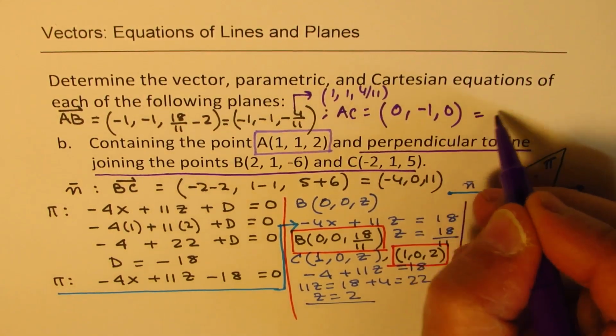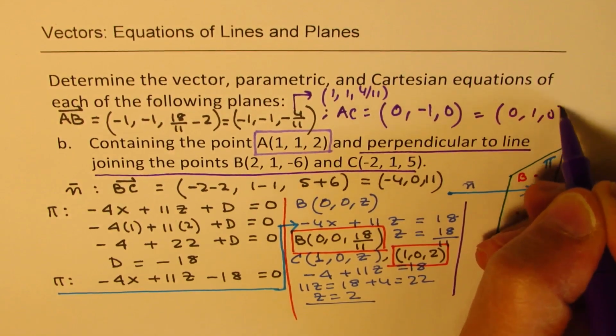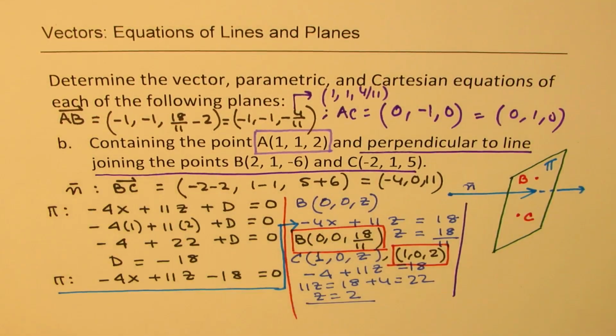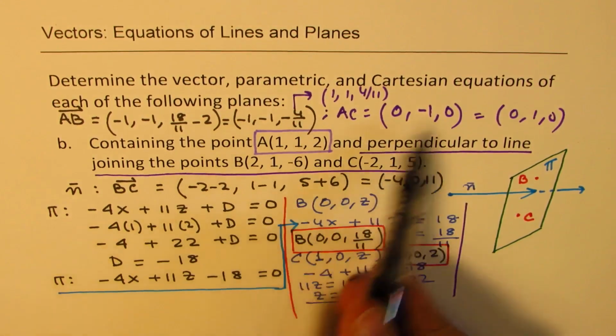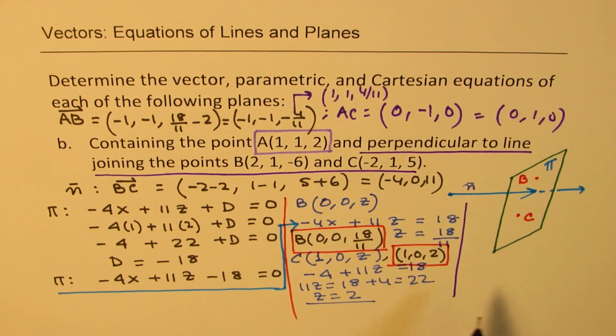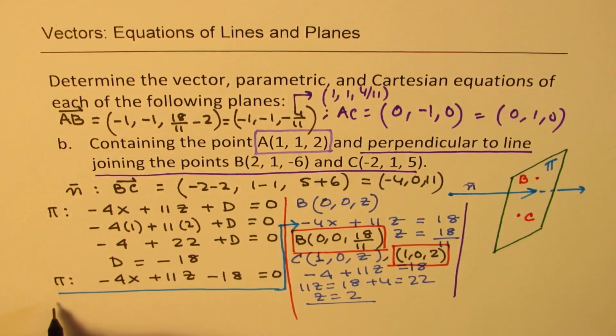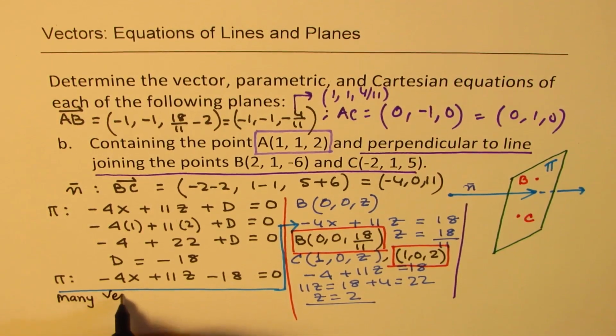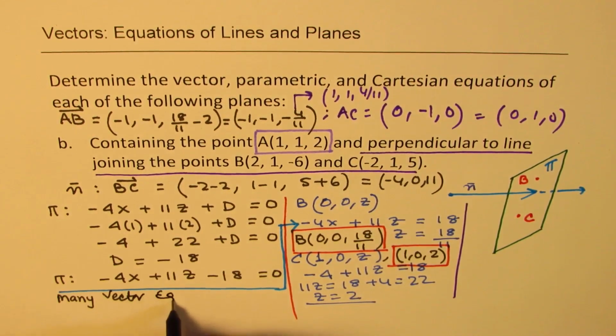So we could have written CA or BA, it is one and the same thing. Anyway, you could use any combination. So remember one thing, that there could be different answers. There are many vector equations.